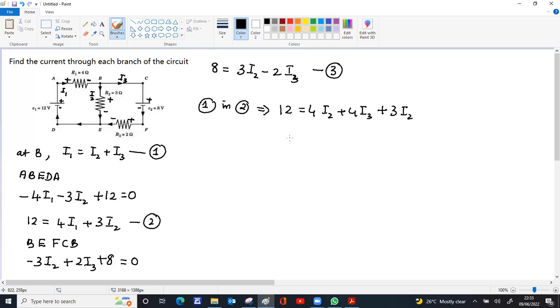So 4 plus 3, 7I2. 12 is equal to 7I2 plus 4I3. Equation number 4.